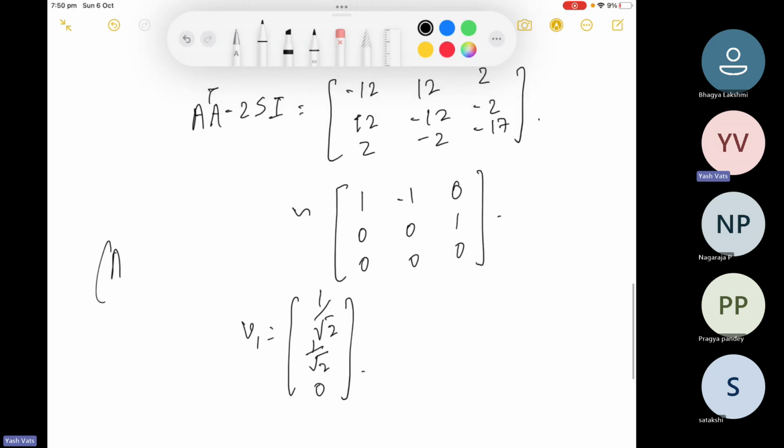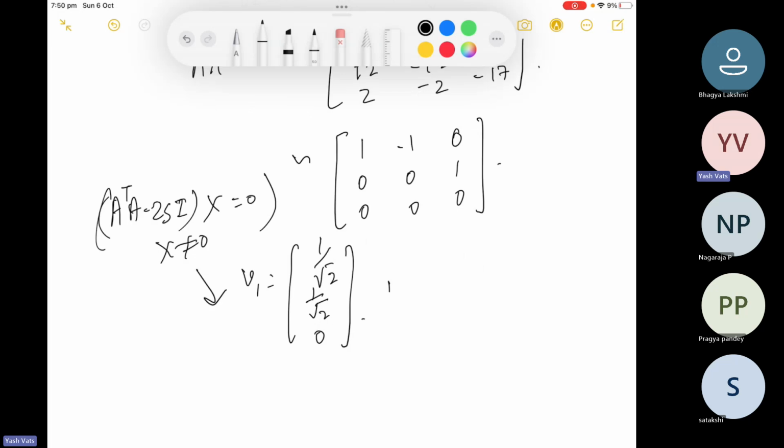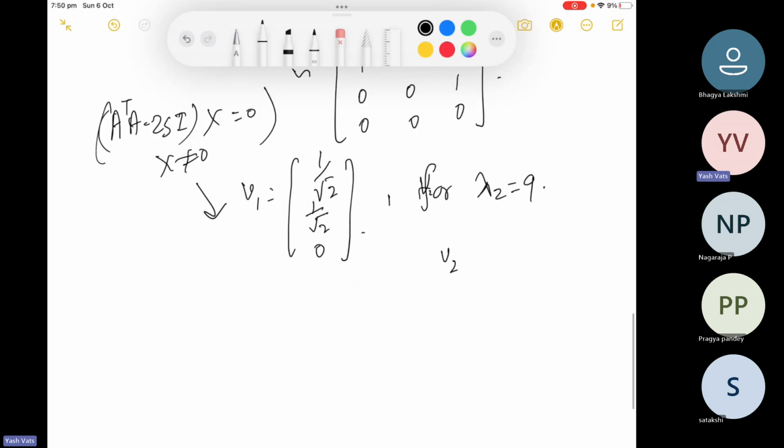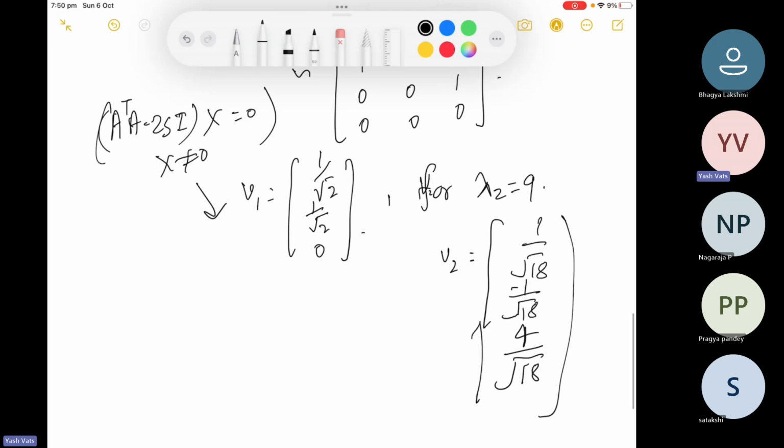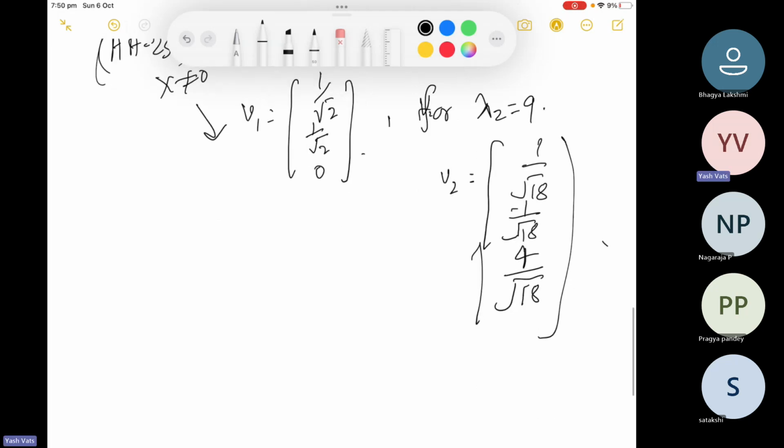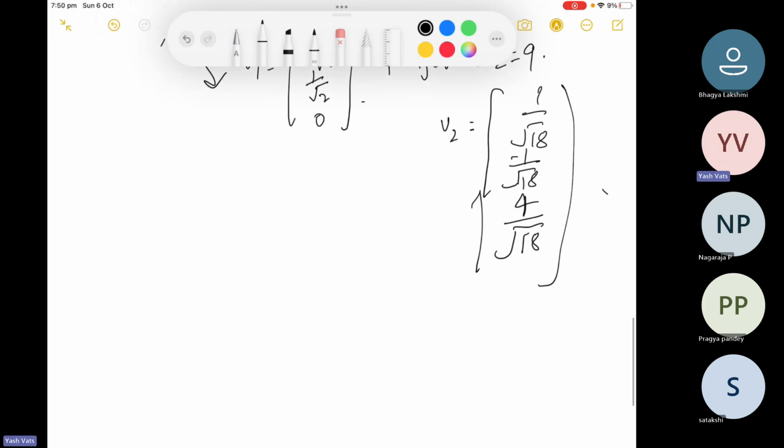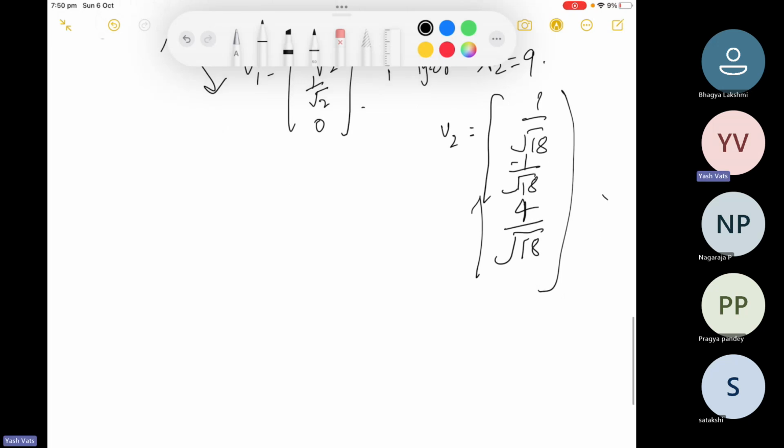You solve A transpose A minus 25 I times x equal to 0, where x is non-zero. This x is given by v1. And for lambda equal to 9, you get the eigenvector v2 to be this, and they are orthonormal. You have to divide by their norms. So you get these two eigenvectors.